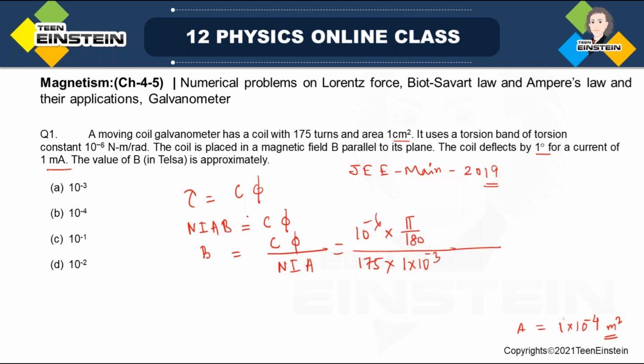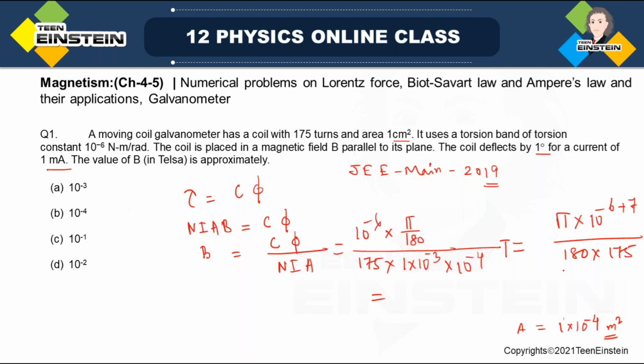Now area is 10 to the power minus 4 again. So this should give you the unit Tesla. I can just write it here, Tesla. Now if we just do the calculation, this will be 10 to the power minus 6 times 10 to the power 7, and here 180 into 175.